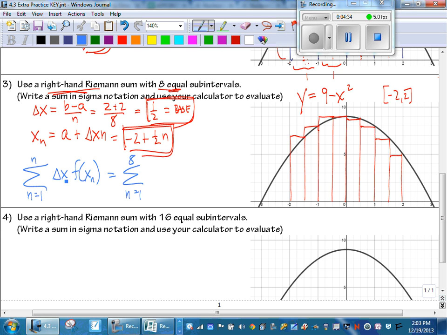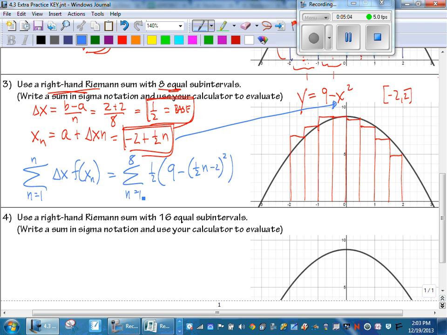Our delta x is 1/2. F of x sub n means we're going to take what we figured out x sub n is, and put it into this equation for x. So that's 9 minus, I'm just going to rewrite these the other way, 1/2 n minus 2, squared. So this is the sum that's going to give us the area of those 8 rectangles added up. It's just the base times the height of each rectangle.